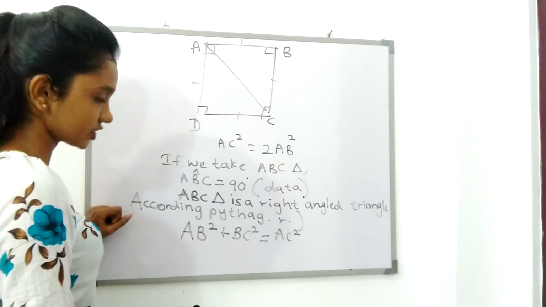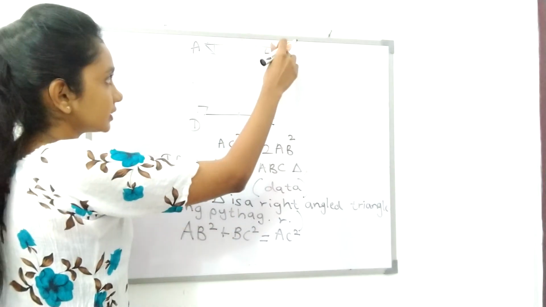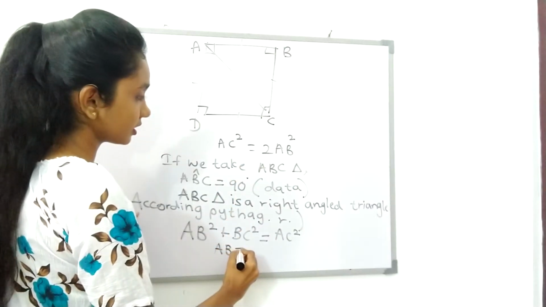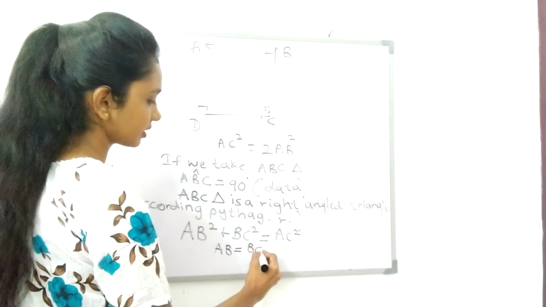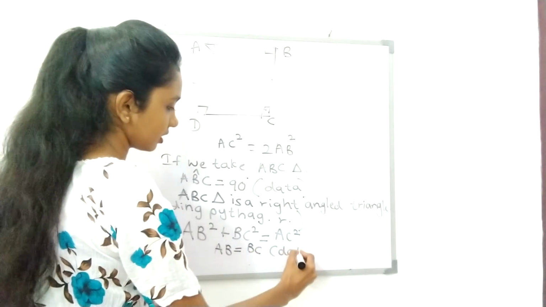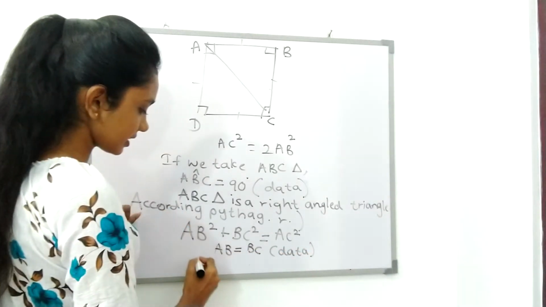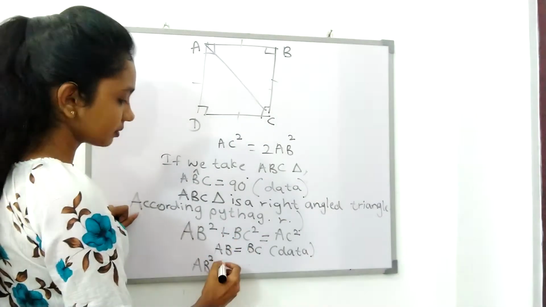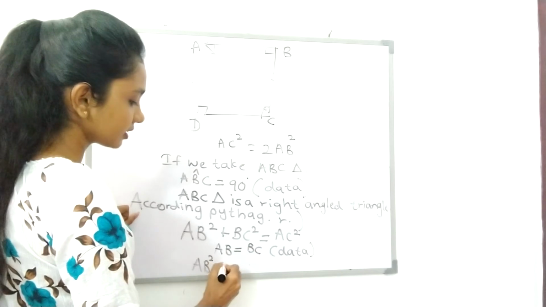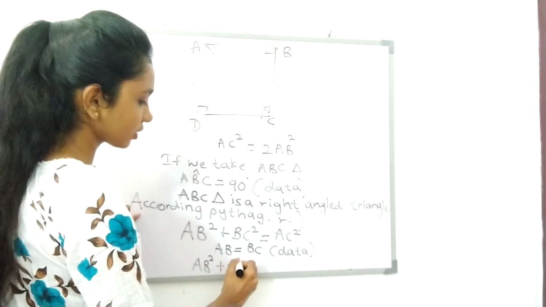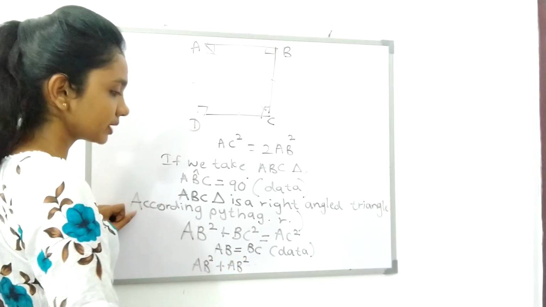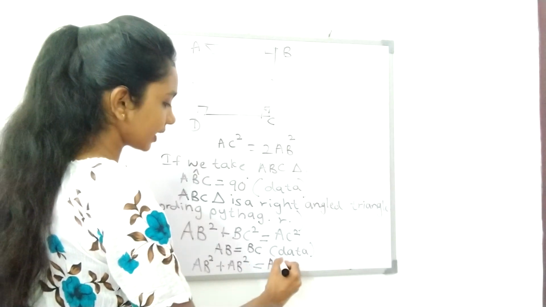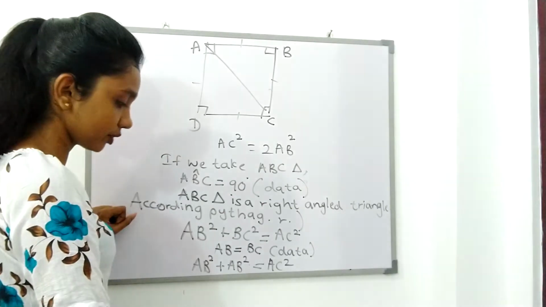According to the Pythagoras relation, and we know AB is equal to BC, that is the given data. So you can write AB squared, and without writing BC, you can write AB squared for that also, because AB is equal to BC. The total addition is equal to AC squared, the square of the hypotenuse.